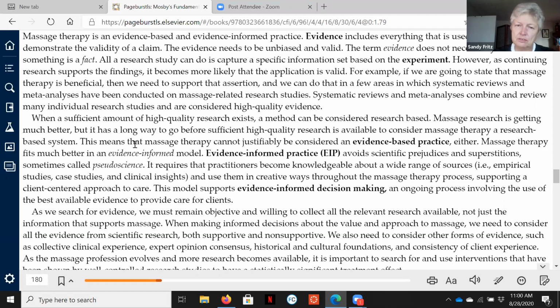Evidence is what has gone before. Something has happened. It can be an experience. It can be a research study. It can be what happened in the massage before and after.